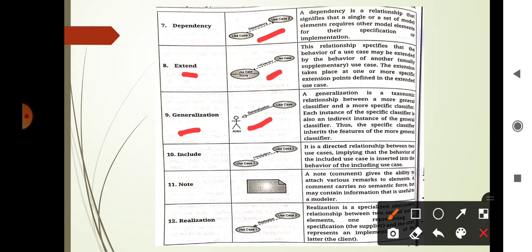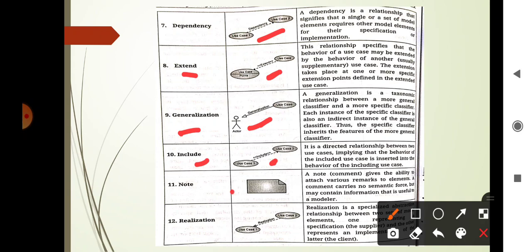A generalization is the taxonomic relationship between a more general classifier and a more specific classifier. Then include: as with extend, write the keyword include. It is a directed relationship between two use cases, implying that the behavior of the included use case is inserted into the behavior of the including use case.